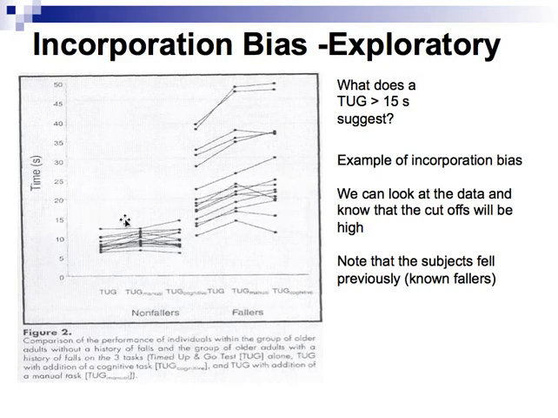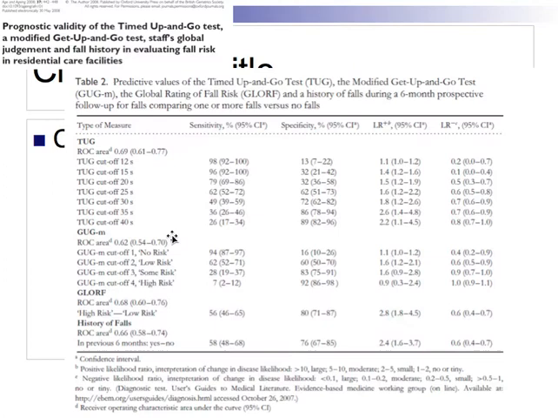So we could draw a cutoff somewhere around the 15-second mark, which would have very few errors in identifying the fallers from the non-fallers. So that looks pretty good for the examination procedures and the timed up and go test and its usefulness for determining who will fall and who won't.